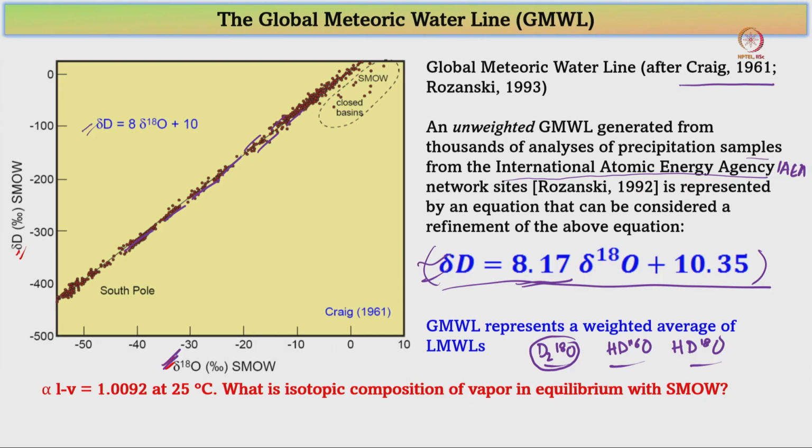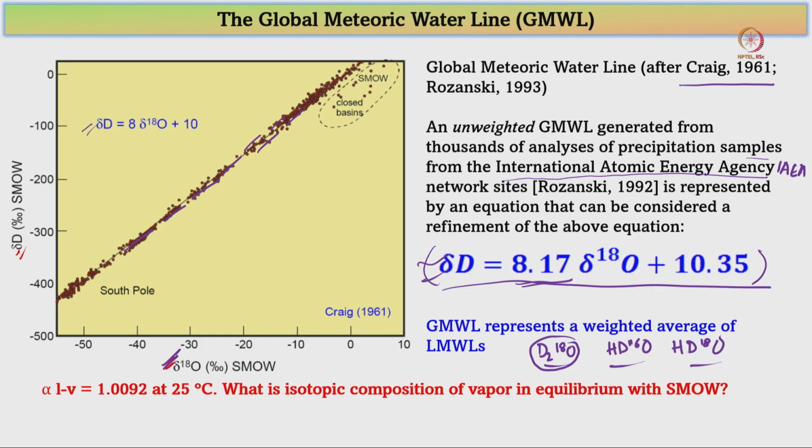And there is a specific agency, the IAEA, which has thousands of data, and you can always request them to provide you with the local meteoric water line if you cannot find it in the literature, because they generally have all these global data sets, and you can easily find it out for your own study.